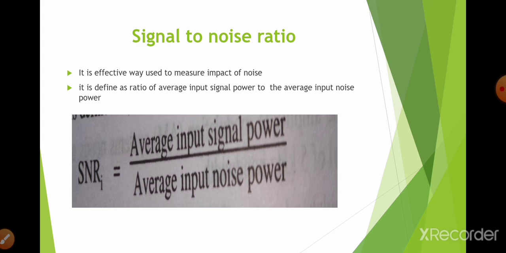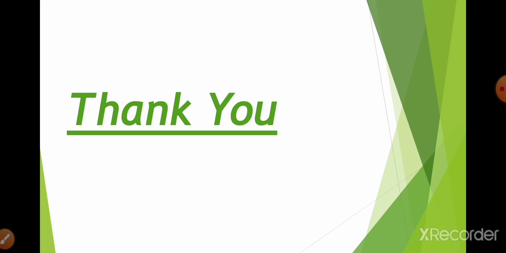It is defined as the ratio of average input signal power to the average input noise power. That means if the noise power is more, then the signal will be contaminated. So noise must be less for proper communication. So thank you very much.